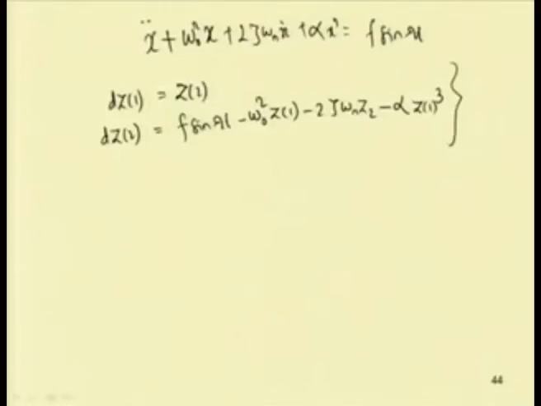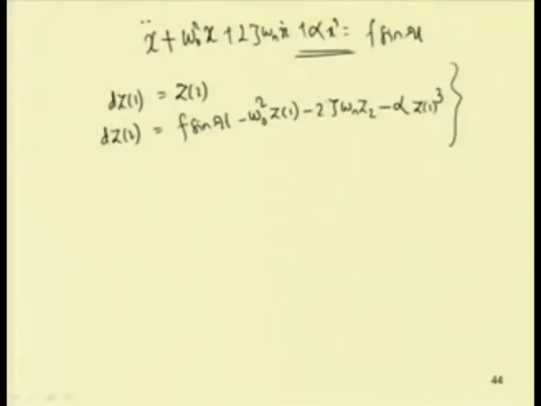But it may be noted that in this case, one can have multiple solutions, unlike in the case of the linear system that we have seen before. So, it depends on the initial condition that we are supplying to the system. While solving, depending on the different initial conditions, one can have different phase portraits and different time responses of the system.